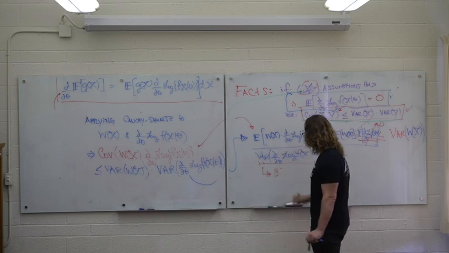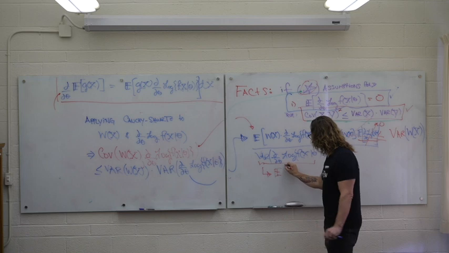If I write it in terms of expectations, so the variance I can always write down in terms of expectations.